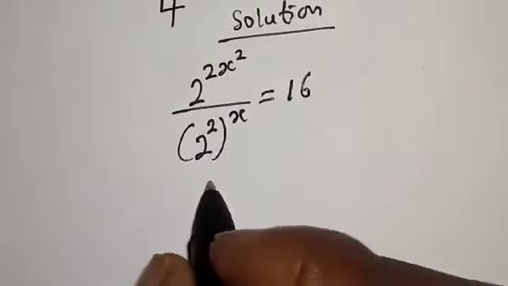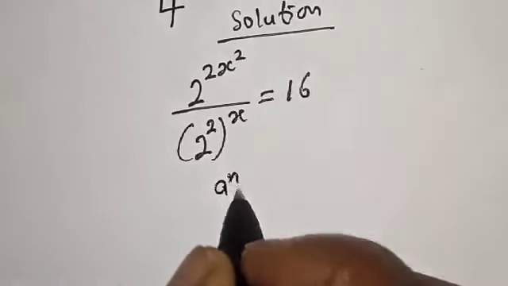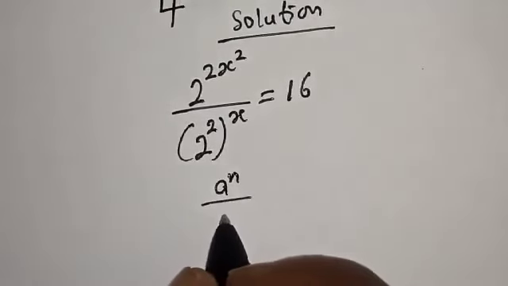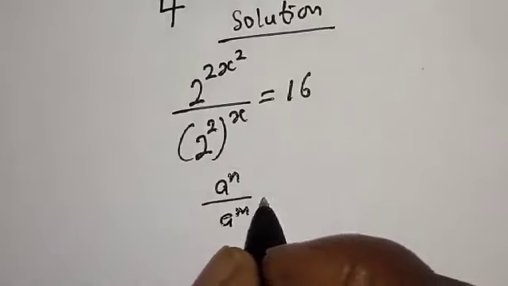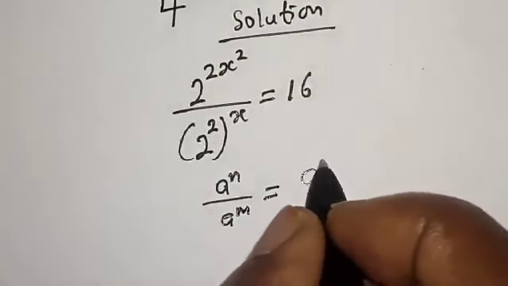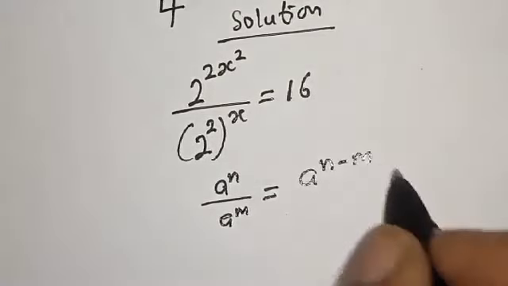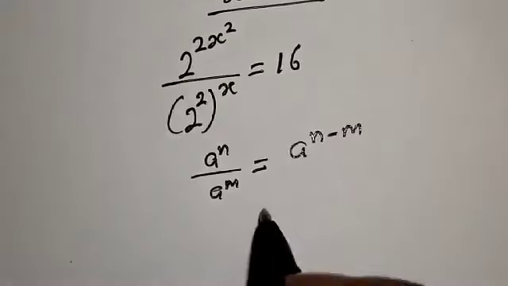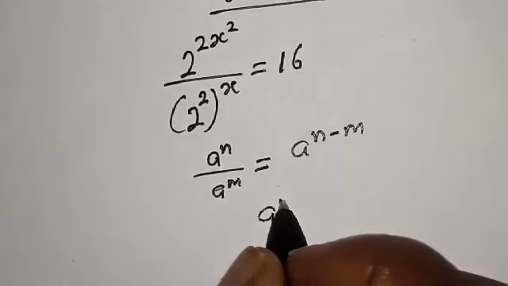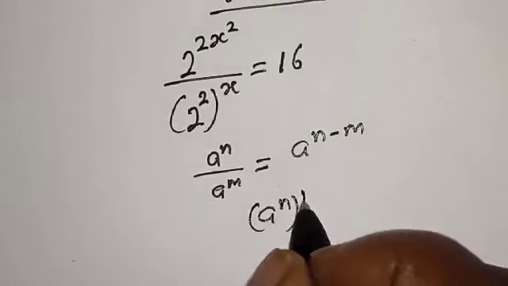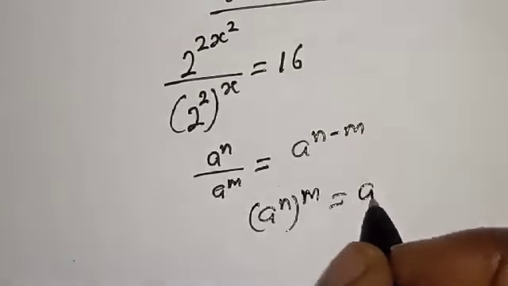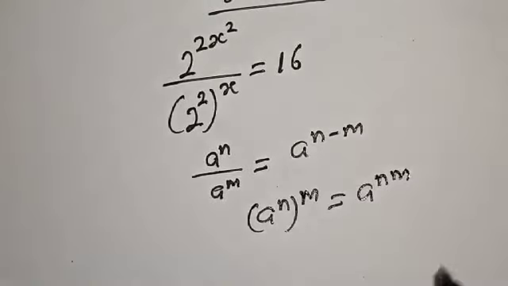Now if you have a raised to power n over a raised to power m, this is equal to a raised to power n minus m. Also, if you have a raised to power n to the power of m, this is equal to a raised to power nm.